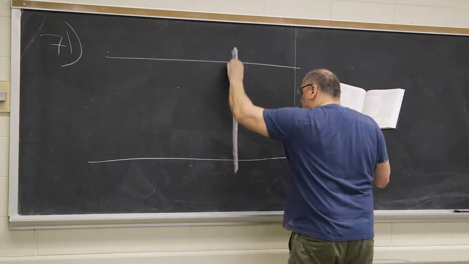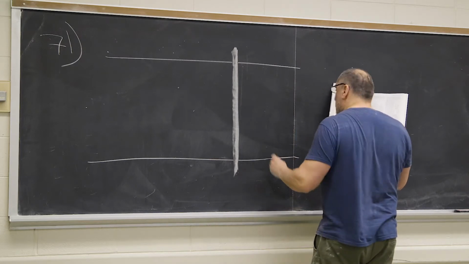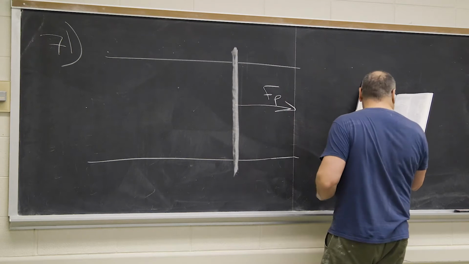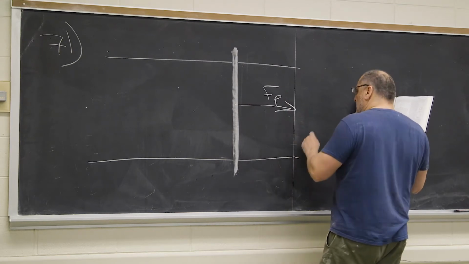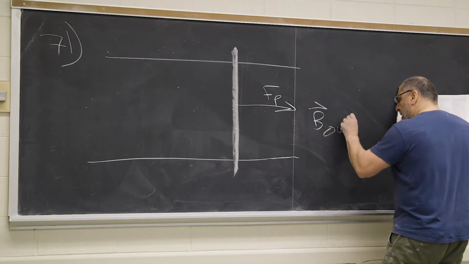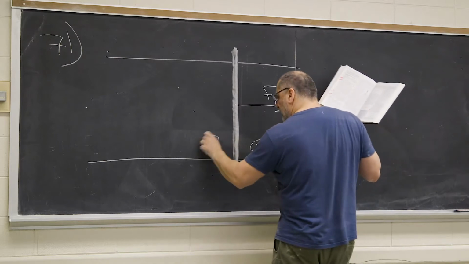there's a bar that's on frictionless rails. It completes the circuit. We have to pull this thing with a force Fp, for pulling, I guess. The B field is out, comes out of the board. So it's doing this.